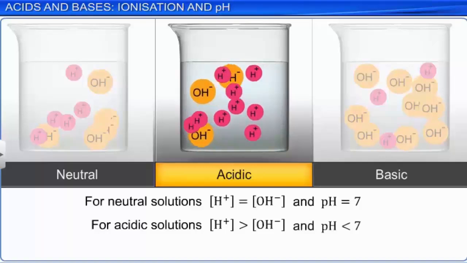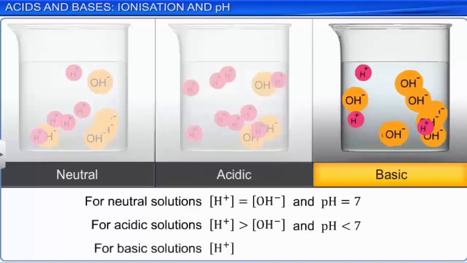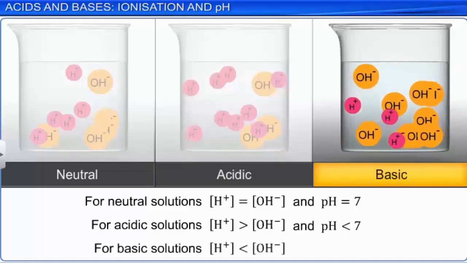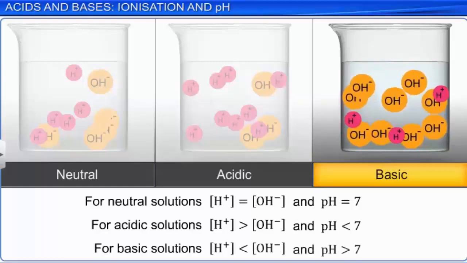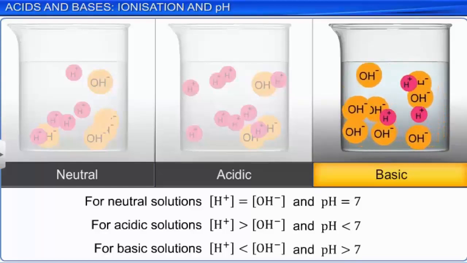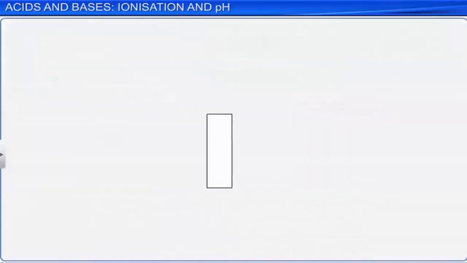For basic solutions, the H plus ion concentration is less than the OH minus ion concentration, and the pH is greater than 7. The pH of some common substances is shown here.